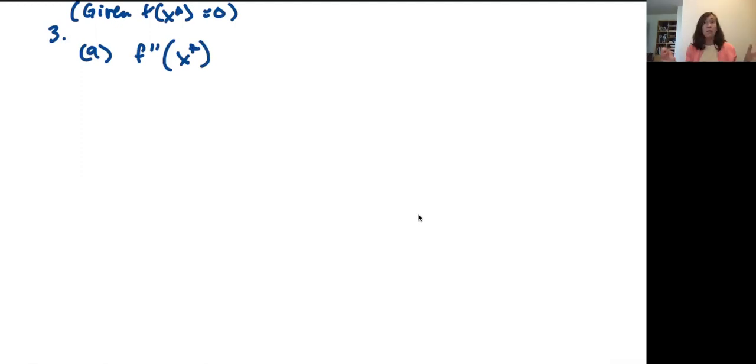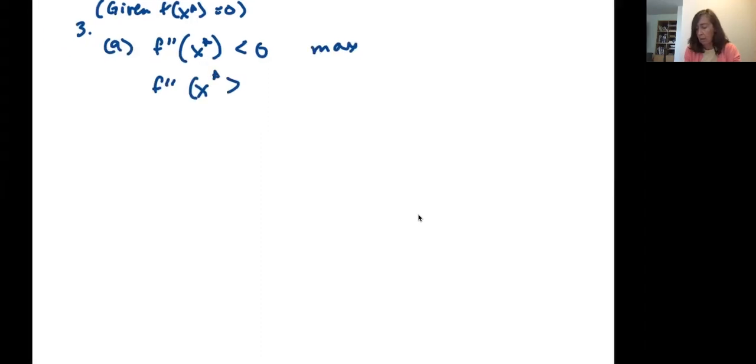Okay, so maybe the second derivative doesn't always have the same sign, but you put in the value for that critical point, and if it is strictly less than 0, then that critical point is a max, and if it is strictly greater than 0, it's a min.